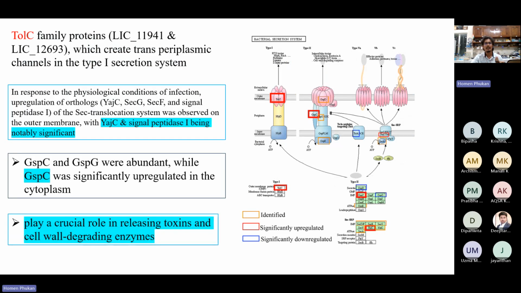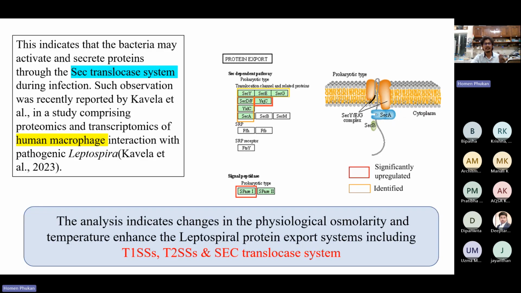We found differentially expressed proteins related to the type 1 and type 2 secretion systems, and another component in the Sec translocase system also. So this analysis indicates changes in physiological osmolarity and temperature, and hence the leptospiral protein export systems, including the type 1 secretion system, type 2 secretion system, and Sec translocase system.